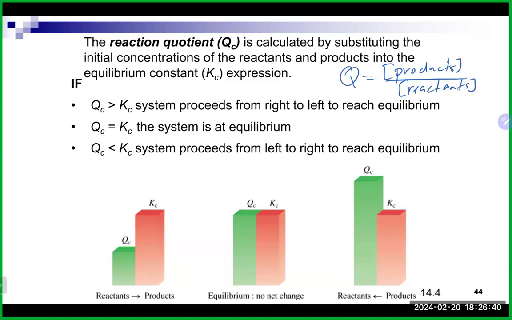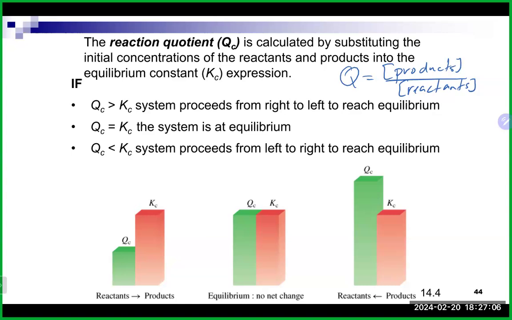We will see Q coming up a little bit later on when we do real equilibrium calculations. There's another situation where you might want to calculate Q. So what do you do with Q? Well, you compare Q to K. If Q is larger than K, that means you are not at equilibrium, and in order to reach equilibrium, you need to make more reactants.